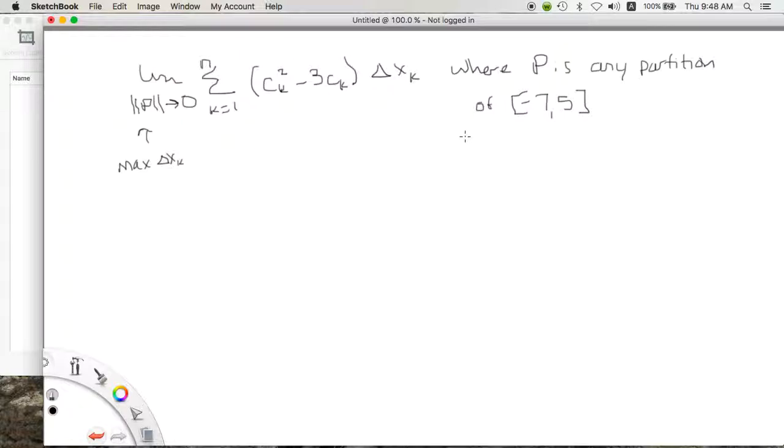Okay, so what is this saying? This is saying we're making rectangles from this function with this width along our x values from -7 to 5, and we're making them smaller and smaller so that we can get a good area.